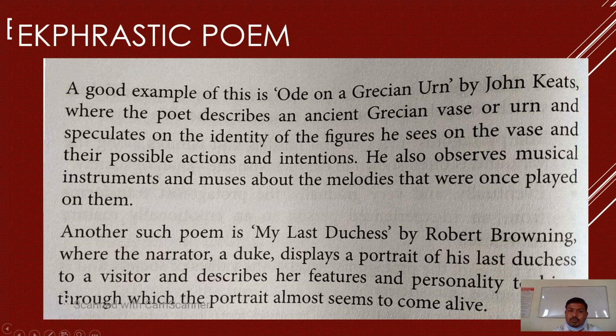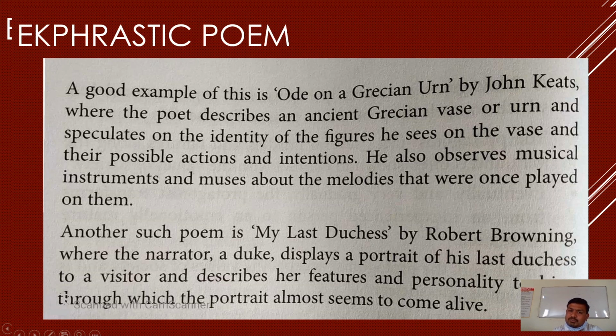The poet describes an ancient Grecian vase or urn, in simple words a pot, and speculates, means introspects, on the identity of the figures he sees on that vase and their possible actions and intentions.